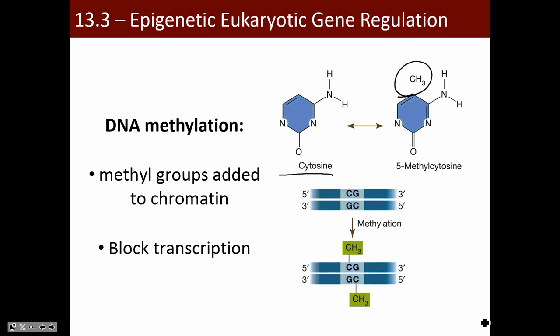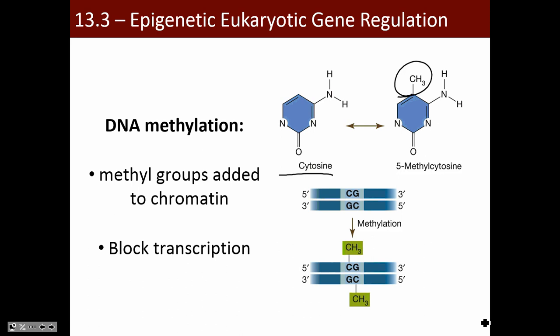It creates an obstruction. When we add that methyl group, it changes the shape of our individual nucleotide just a little bit. It can functionally block transcription, so that when the transcription enzymes get there, they bump into that methyl group and they fall off, or they can lose their affinity to bind because of the methyl group.